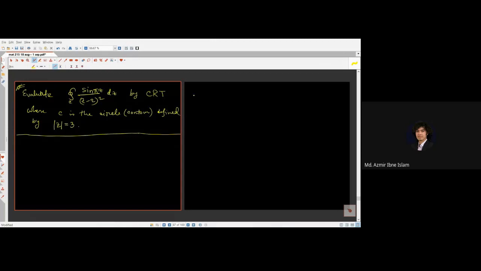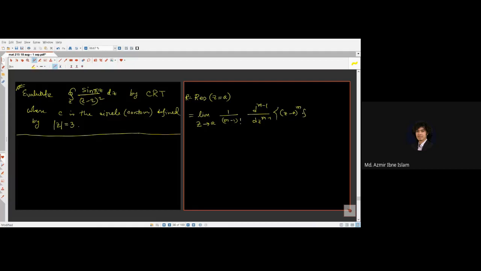So residue at z equal to any point A can be found this way: limit z tends to A of 1 over (m minus 1) factorial, d power m minus 1 over dz power m minus 1, of (z minus A) power m times f of z.